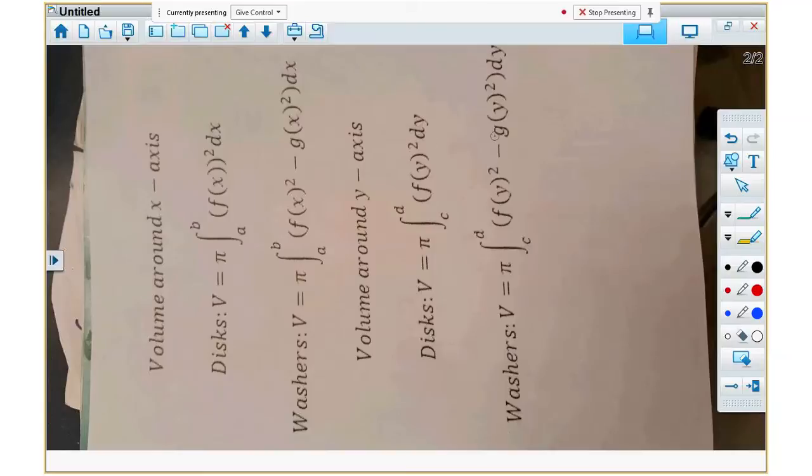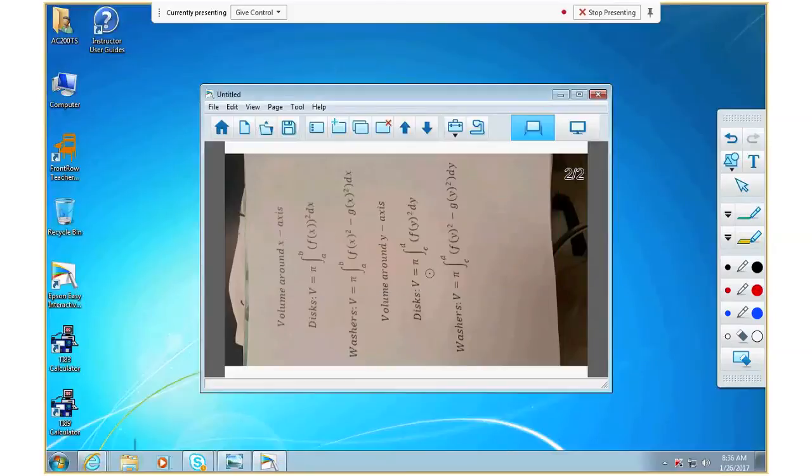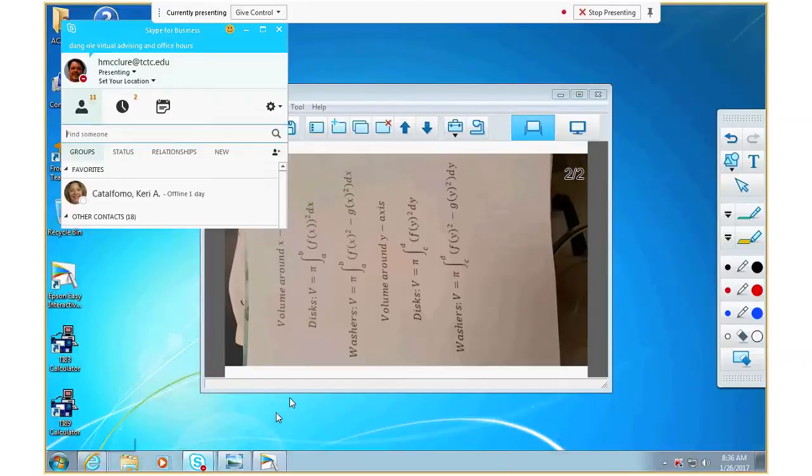Can you still do a print screen? Not print screen, but can you still do a shot off the screen now? Yeah, I know you used to, but just do whatever y'all need to do. Let me try that. I'm trying something else now. Go to Skype and do what now?